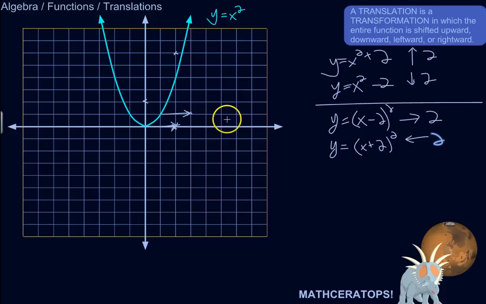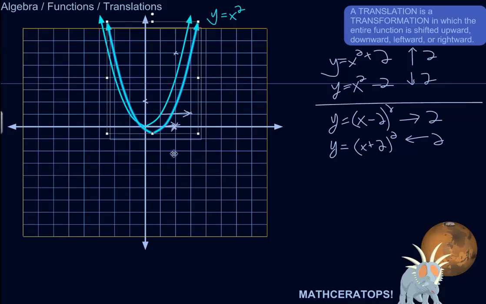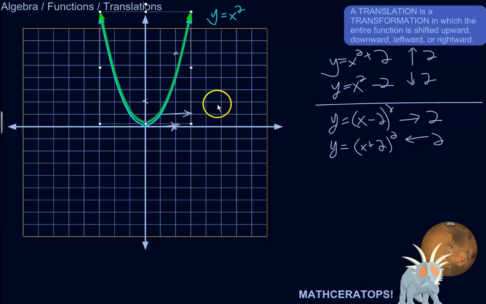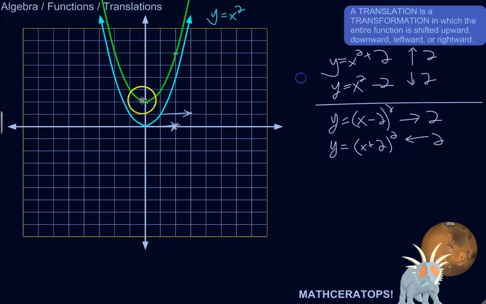And then, okay, let's just graph one of these. In fact, I'll just copy this curve and make another color. So we could do a shift upward of 2. I would just take all my points and take their y coordinates and add 2 to them. 1, 2. So this point plus 2, this point plus 2, this point plus 2.